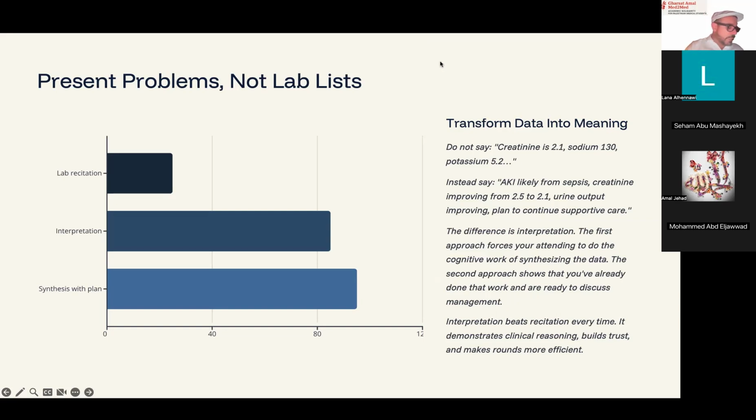So try as much as you can, okay? And then how you interpret those labs and how you synthesize them with the plan. I have low WBC, I have low hemoglobin.